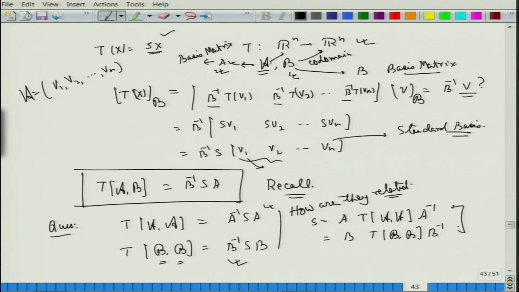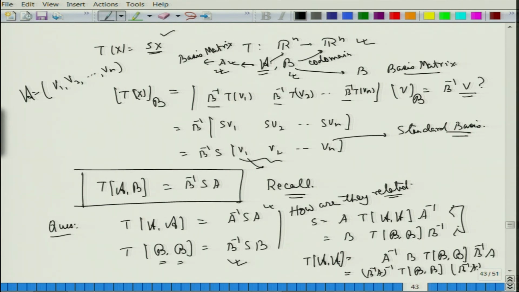So using these two, what we see here is that T of AA will be equal to, I have B here, T of BB B inverse. So I am writing this, so A inverse is here, so it will go as A, and A is on the left, so it will go as A inverse. This is just the inverse of this part. So B inverse A whole inverse T of BB and then B inverse A. Fine.